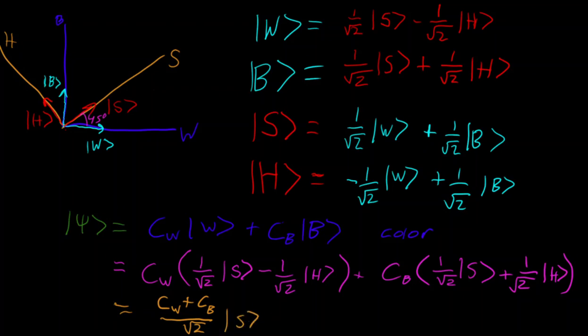Hopefully you see where I'm getting this. And then we have plus C_B minus C_W over root 2 times the hard state vector. And now this is the hardness basis.